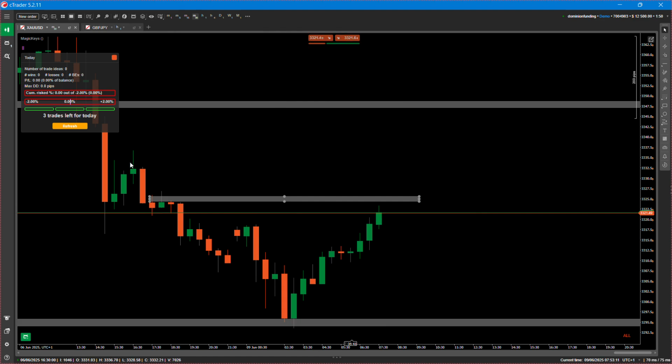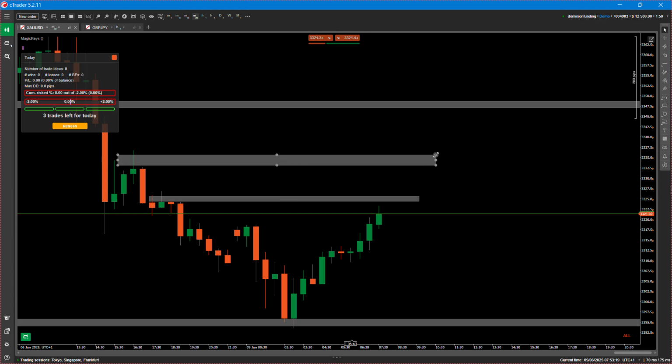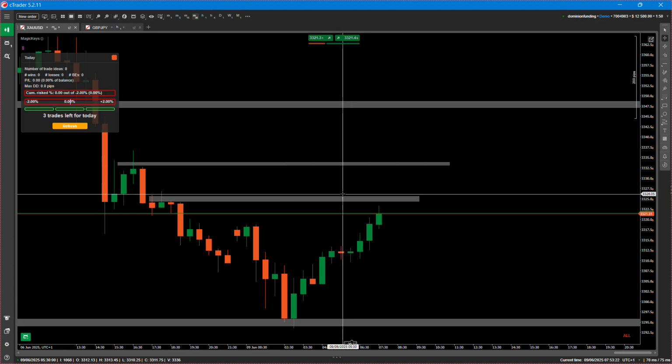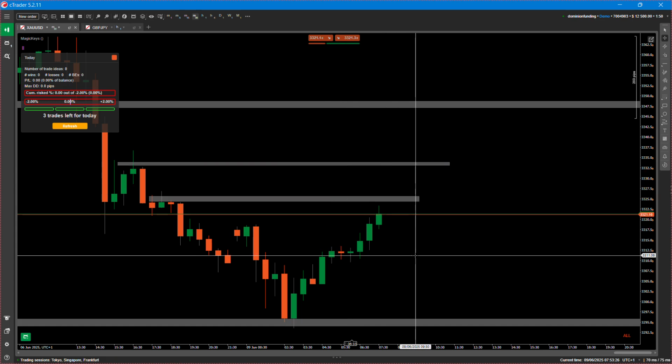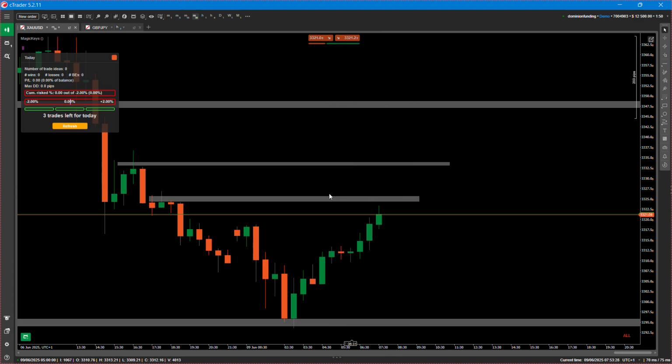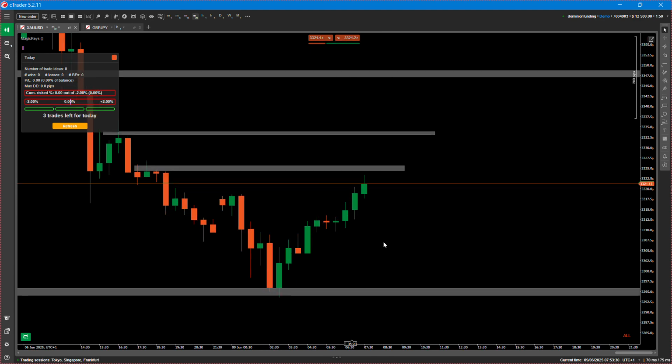Since we have a larger range from here to here, we're going to consider that as our major resistance where we're looking to buy from. The 30 minutes had also previously created a support here.